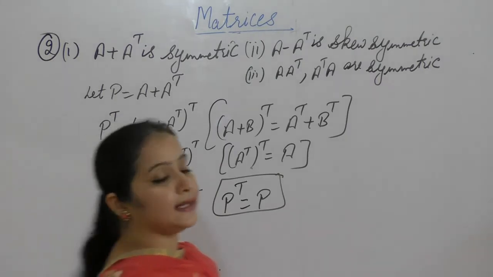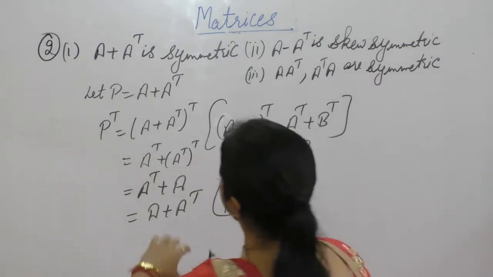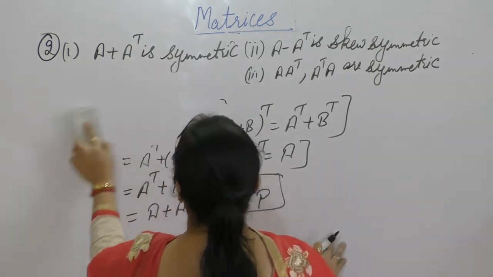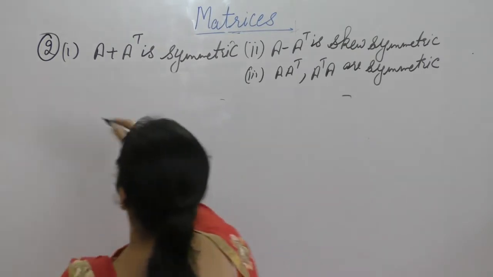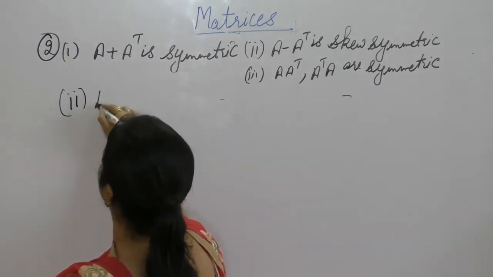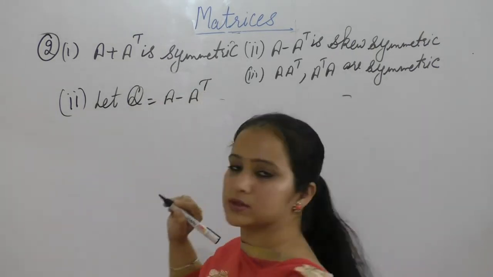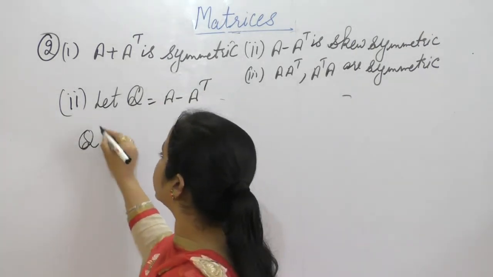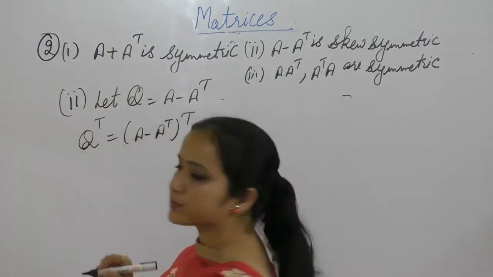Now the second part: A minus A transpose is skew symmetric. Let Q be equal to A minus A transpose. Take the transpose. Q transpose is A minus A transpose transpose.